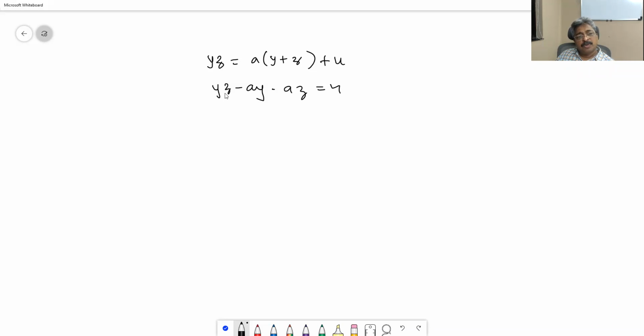Now suppose I am taking y common from the first, I get z minus a, and from these two guys I want z minus a, and I have minus a here. So what damage am I doing? The yz term is achieved, minus ay is achieved, minus az square plus a square. So u plus a square. This makes it y minus a.